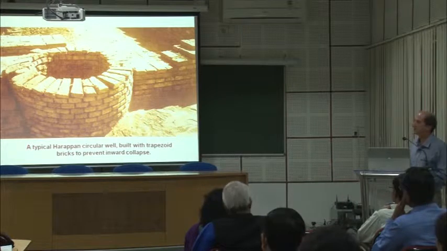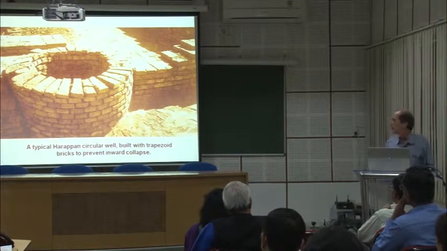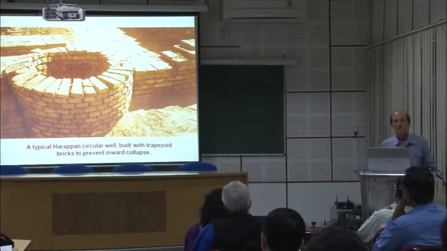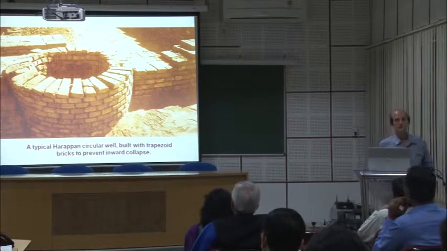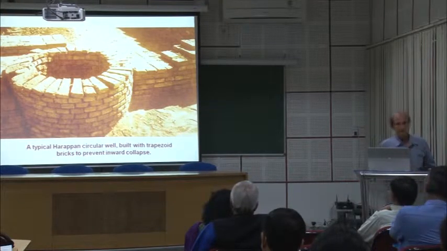The second very important structure found in Mohenjo-daro is the well. And this circular well is actually a marvel of engineering, because it is made not of rectangular bricks like all the other houses, but made of trapezoid, wedge-shaped bricks.